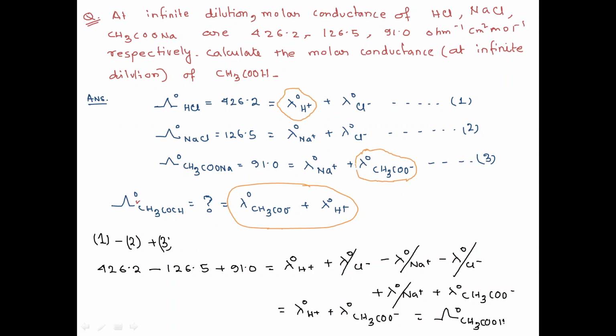If you calculate 426.2 minus 126.5 plus 91.0, you will get 390.7, and the unit is ohm inverse centimeter square mole inverse. Okay, so that is essentially one type of numerical problem in terms of the Kohlrausch equation.